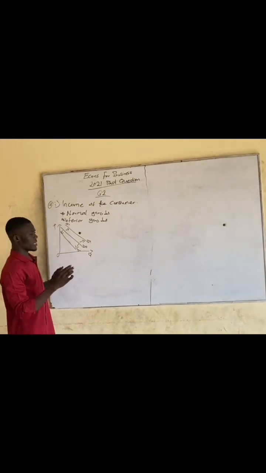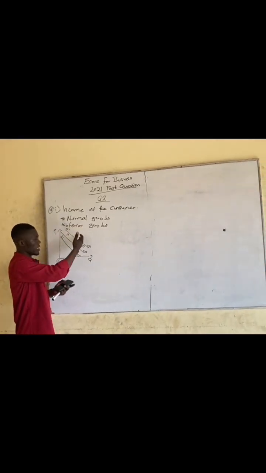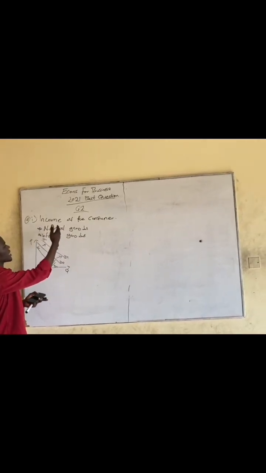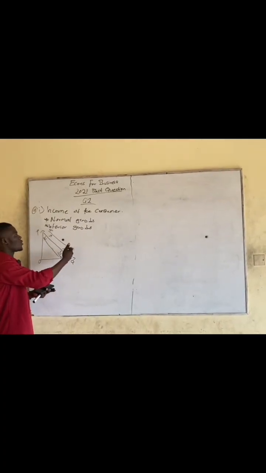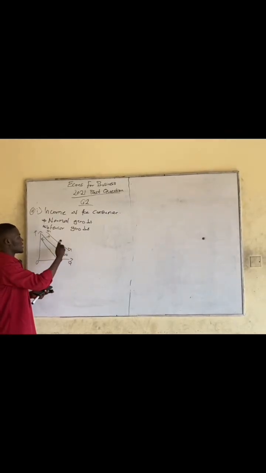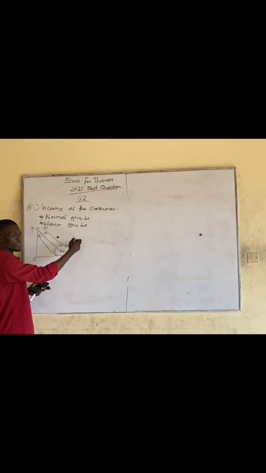So when you are explaining, you start by saying, from the diagram above, when consumer income increases, it motivates the consumer to demand more of the normal goods, which enables the demand curve to shift from D0 to D1.